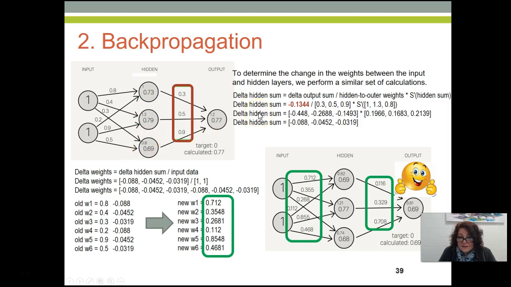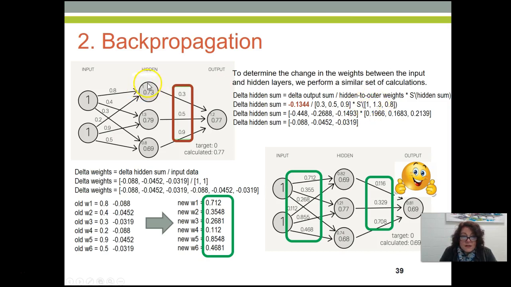So this gives us here, if we calculate that out, minus 0.448, minus 0.2688, and minus 0.1493 times the derivative of the sigmoid function.